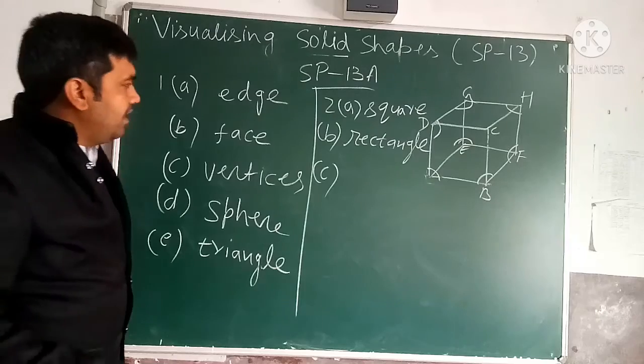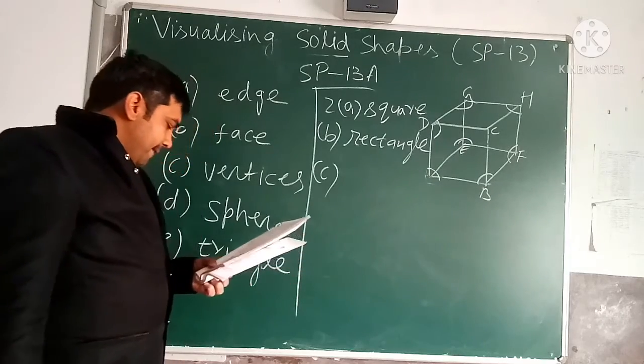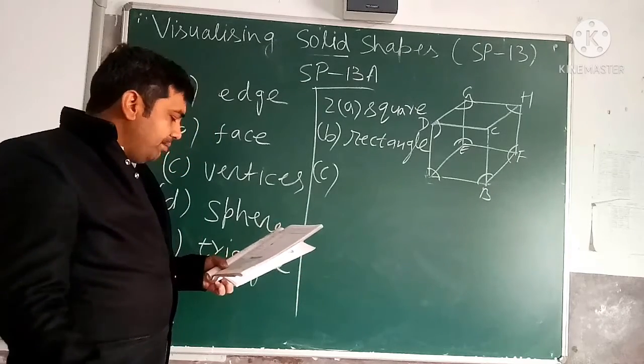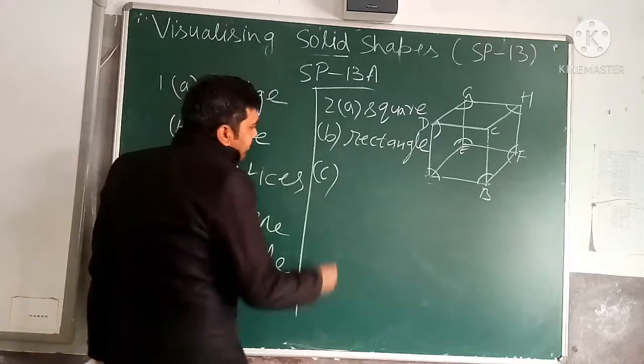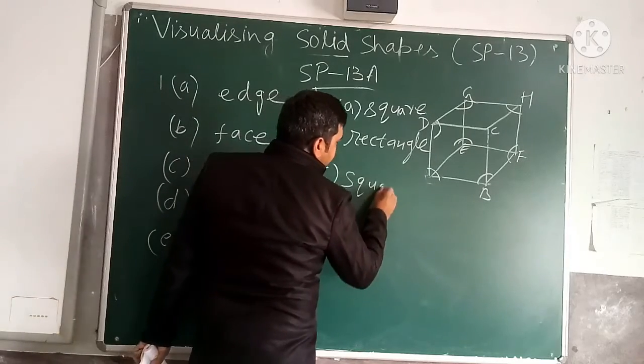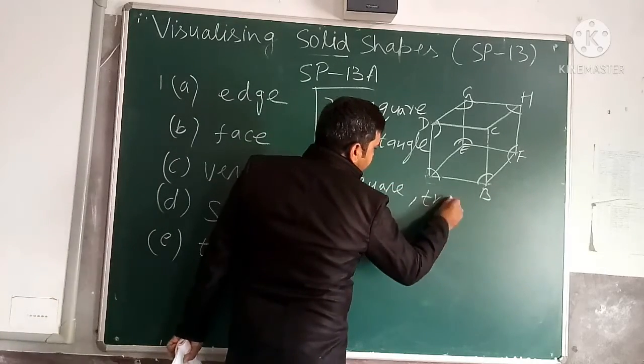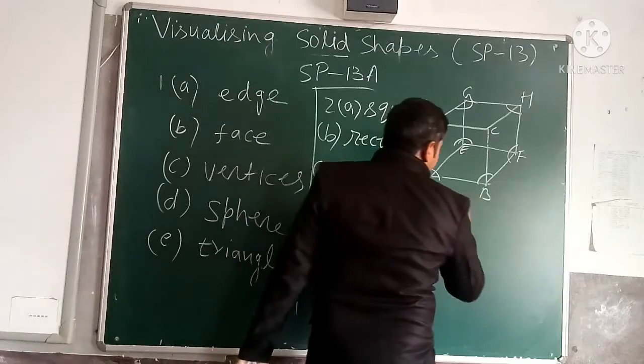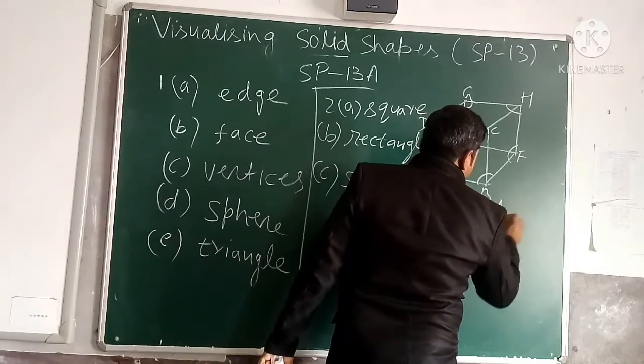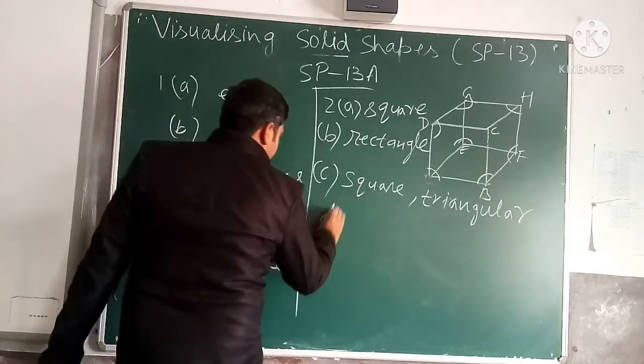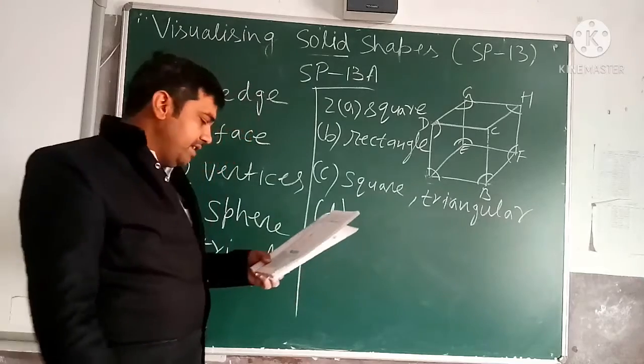Every face of a cuboid is a rectangle. Next, a square pyramid has a square base and triangular faces.